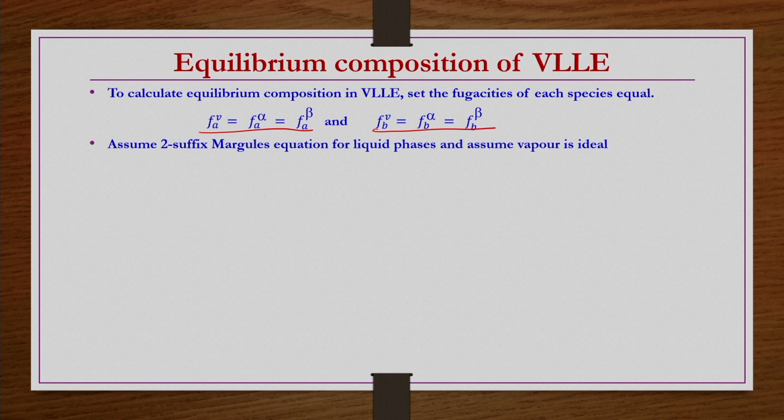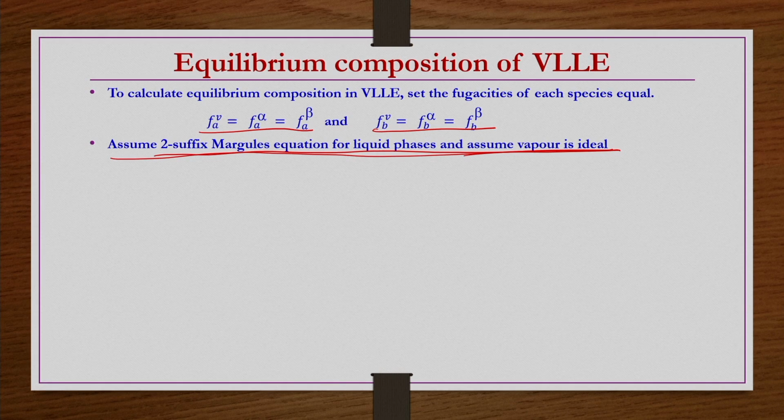Then assume the two-suffix Margules equation for the liquid phase and assume the vapor phase is ideal. We are taking these because these equations are very complicated and very difficult to solve analytically, right. There may be approximate solutions possible, but better can be done by numerical solutions, especially if the pressure is high.